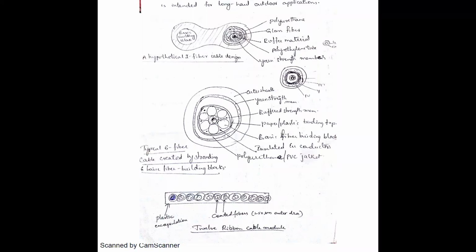The second one is a 6-fiber cable design. And third one is a ribbon type, the 12-fiber ribbon cable, where each circular shape is a single fiber along with the package. So you can see the 12-fiber ribbon cable module. This is the third diagram.